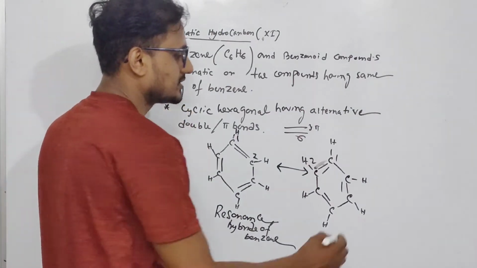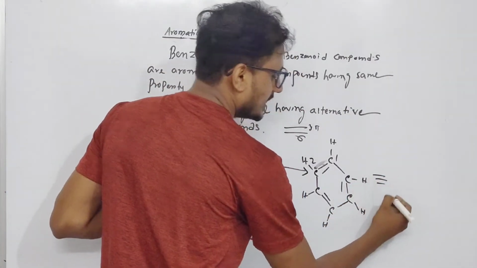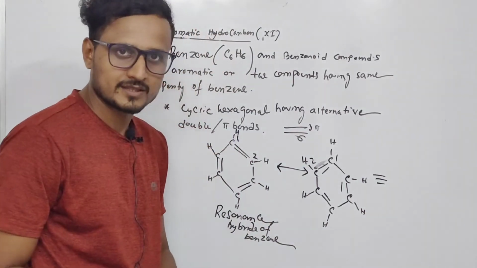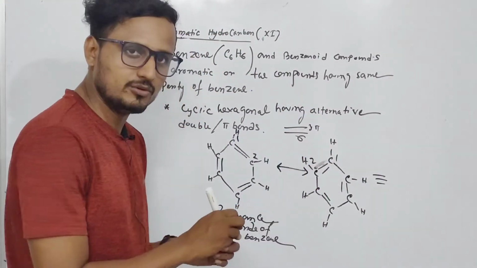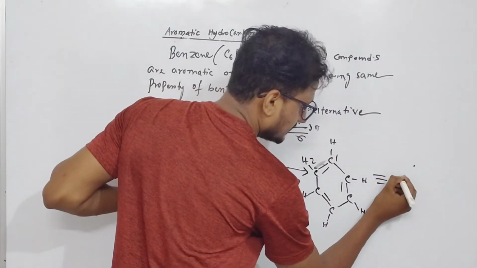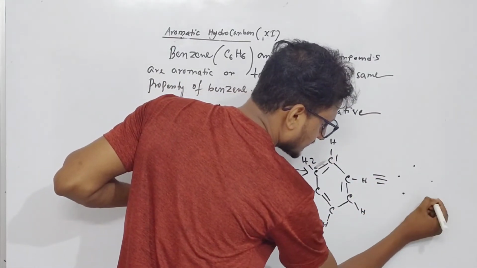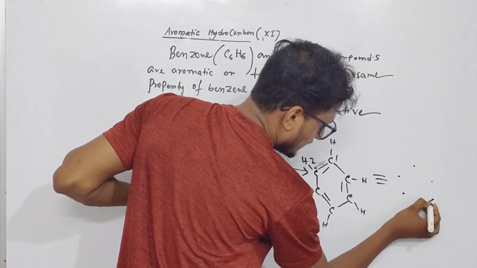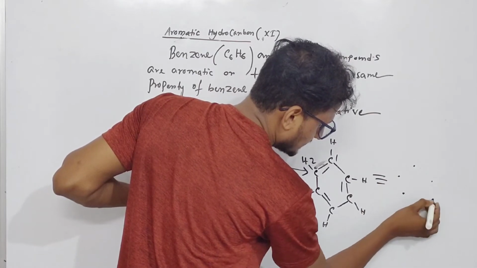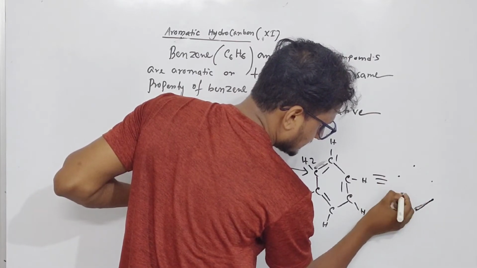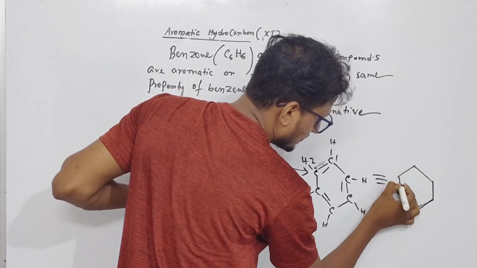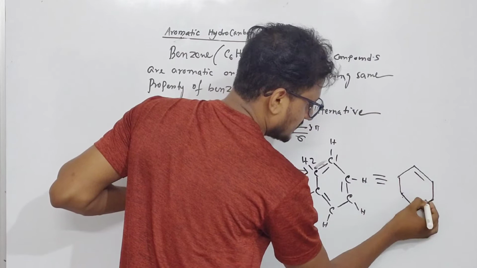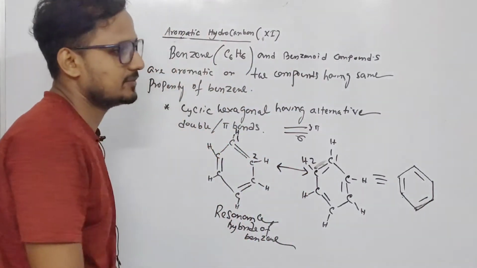Now these two structures can be drawn in skeletal form, and there the hydrogens will not be shown. Each carbon we have to place by a dot, and they will be joined with a single bond like a line. Okay, and we have to place the alternate pi bonds.